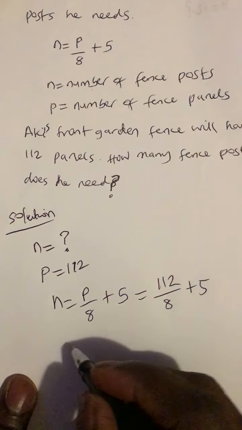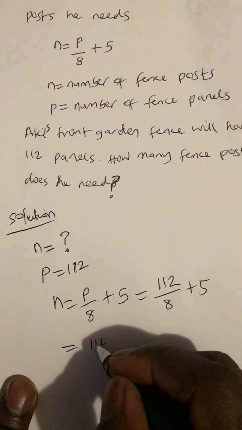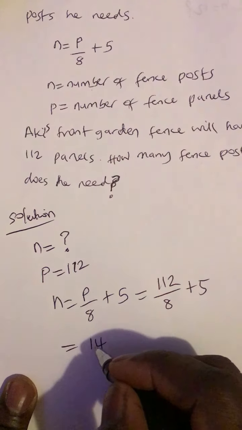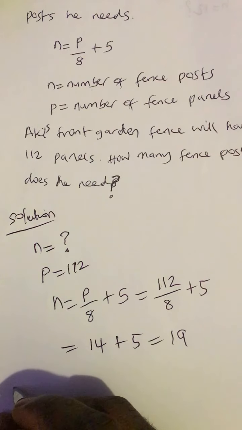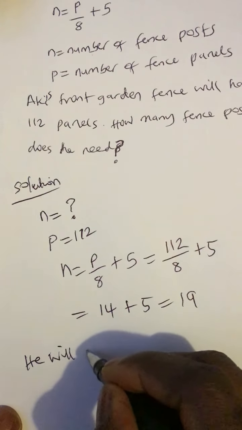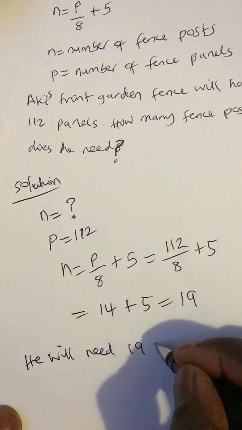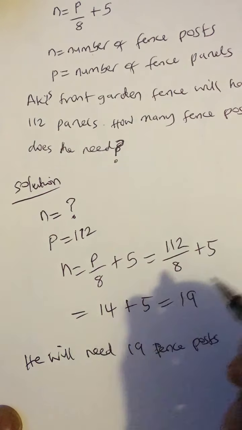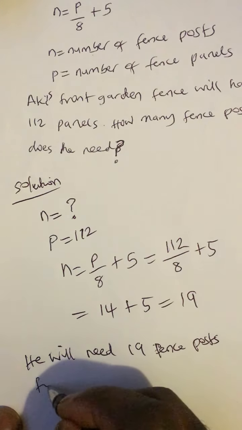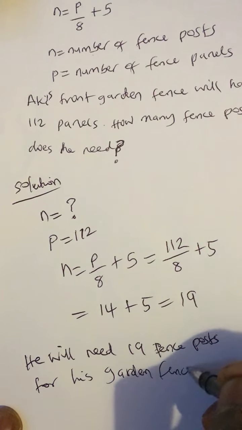When we divide this, it gives us 14 plus 5, so it now gives us 19. He will need 19 fence posts for his garden fence. So that's that.